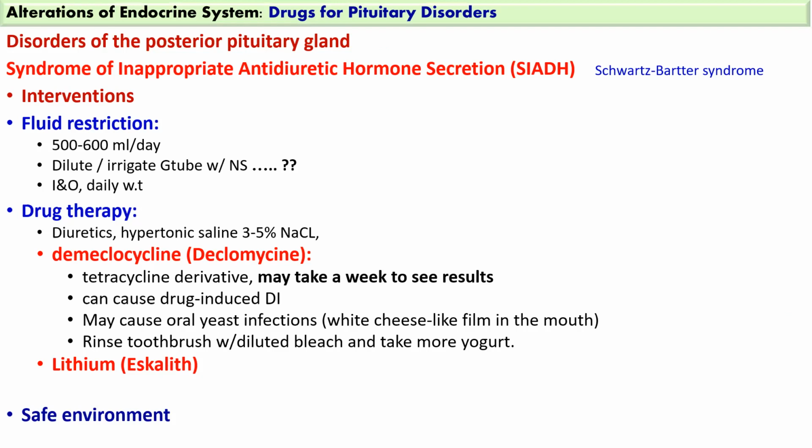Demeclocycline, or Declomycin, is a tetracycline derivative. This drug may take a few weeks to see any results and reach an effective outcome. We also have to make sure that patients who are allergic to tetracycline do not receive demeclocycline or Declomycin, because it's a tetracycline derivative.